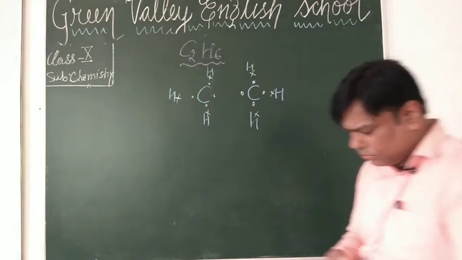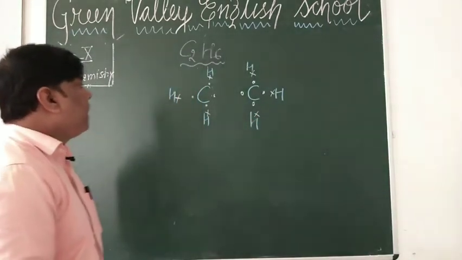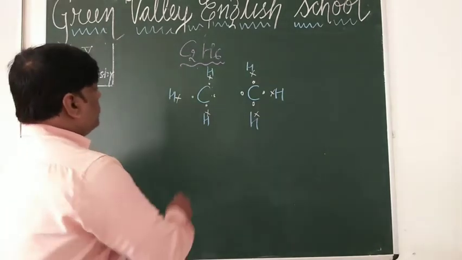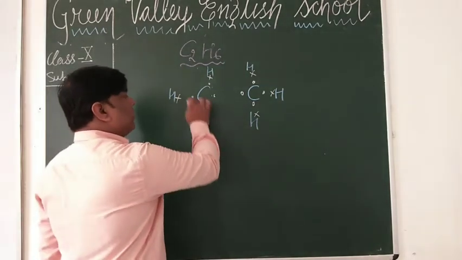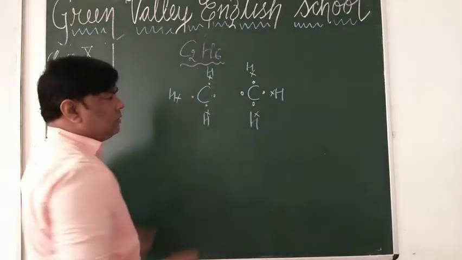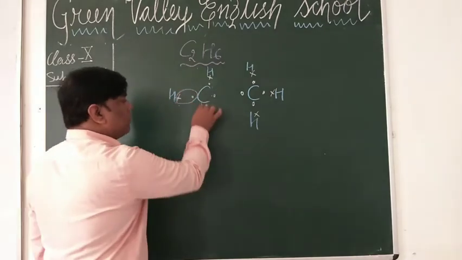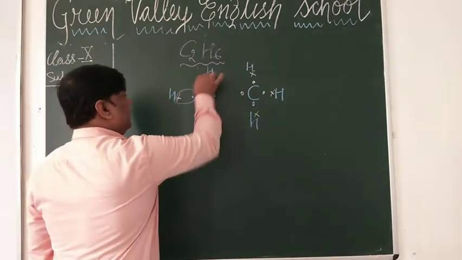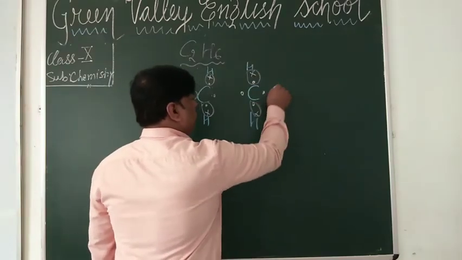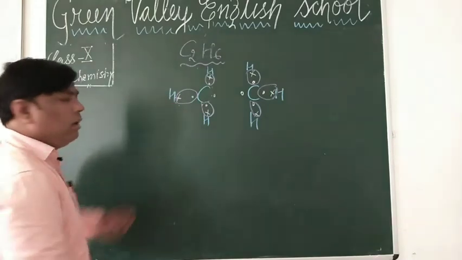Now how is the bond? So carbon has 4 electrons already, and first of all hydrogen will make a single bond with carbon electron here and here. Similarly, hydrogen makes a single bond here.